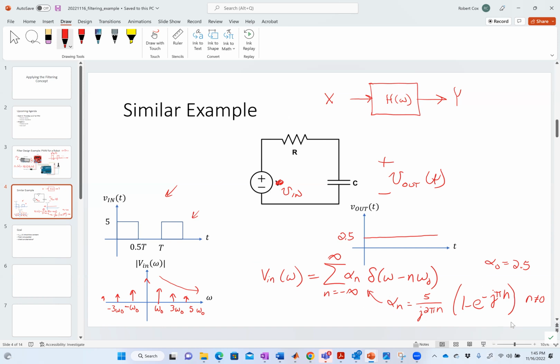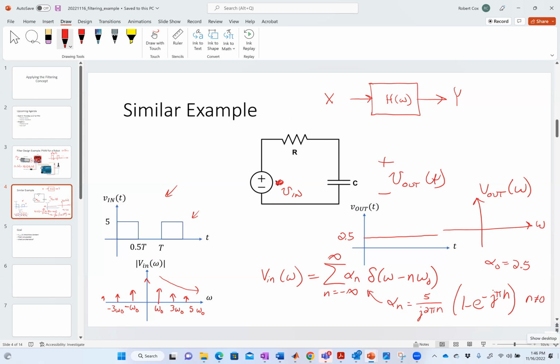Now, according to what I'm saying here, what is my target for V out of omega? Because this is the way we design, right? We often design things using this math that we've been learning. My desire for V out of omega is to do what? Be constant.